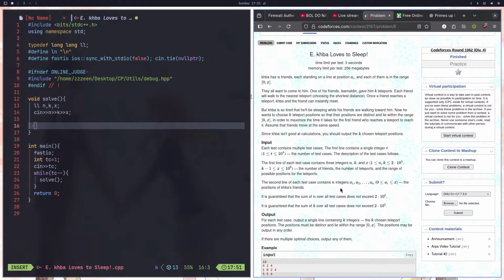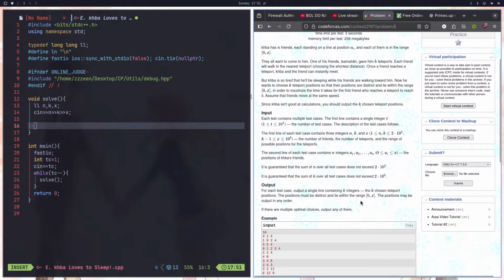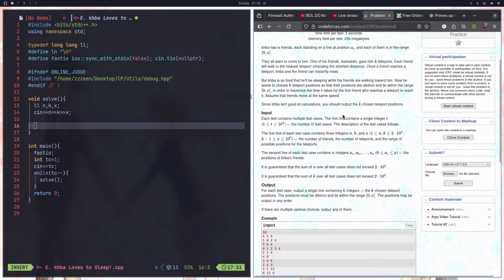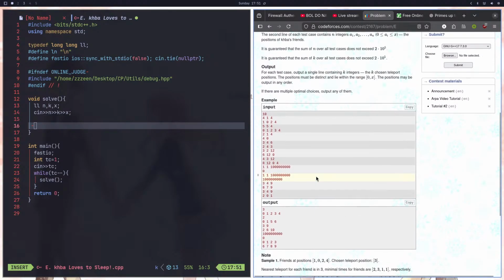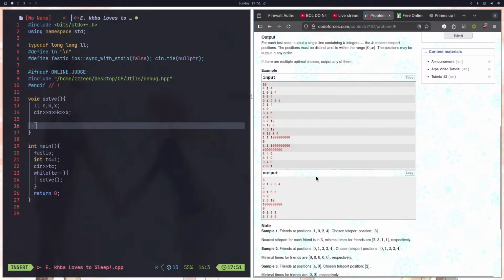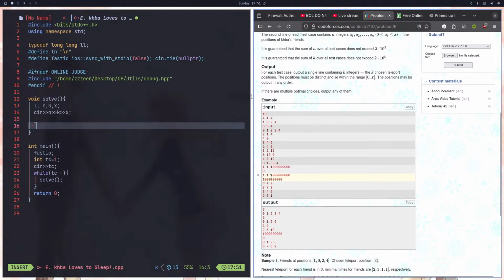Output the K chosen teleport positions. अच्छा output 3 5, 2 4.